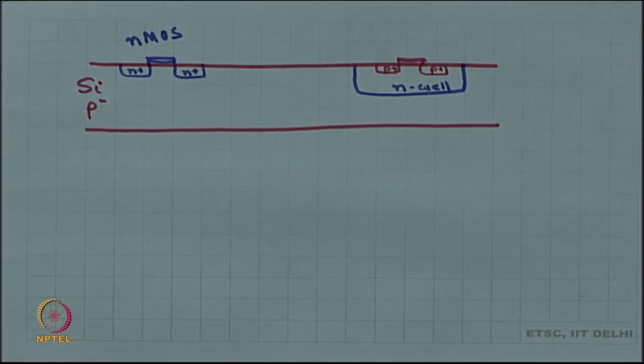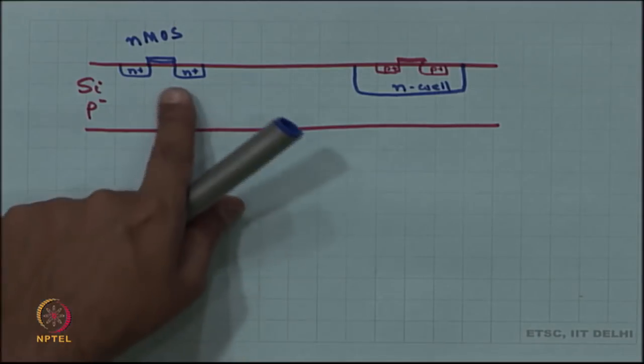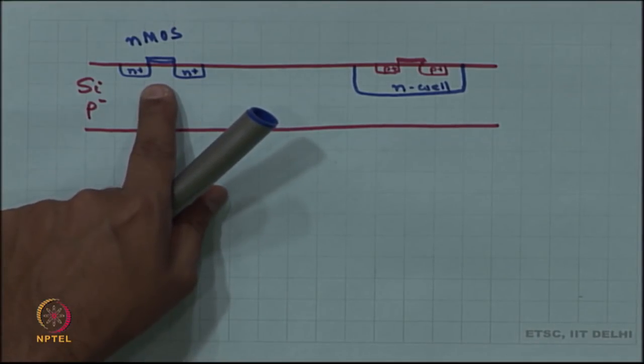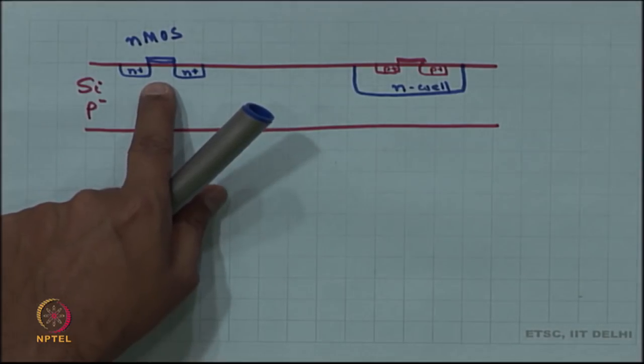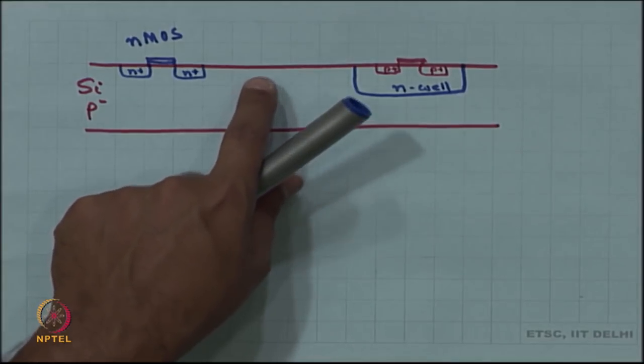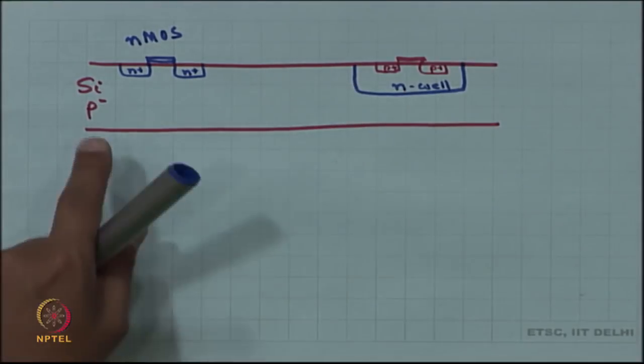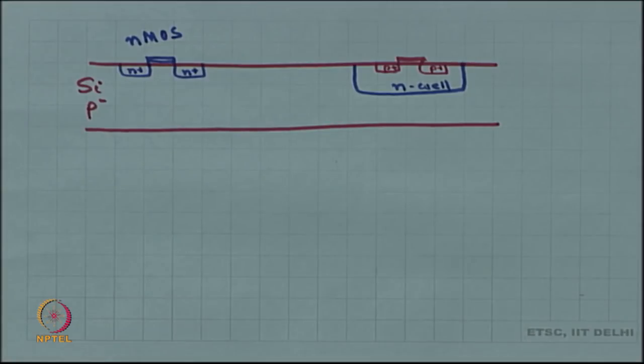Okay. So, if I say that no, I will connect the body of the NMOS device to the source, then you are taking a big risk, right. You are actually connecting the body of all the other NMOS devices to some source, and that is not a good idea, right.